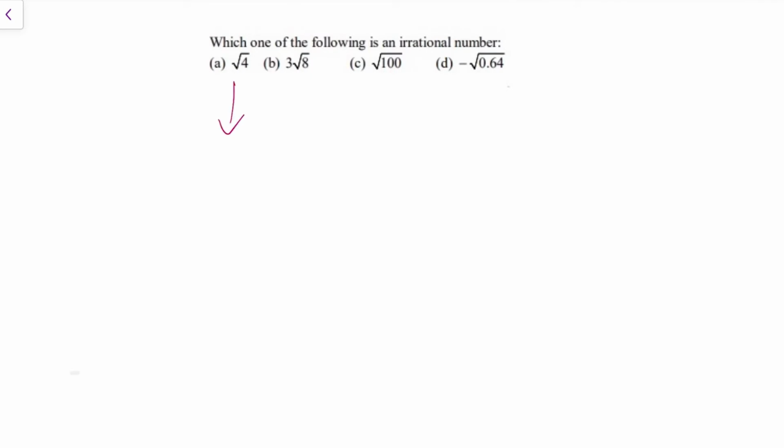Here root 4 is nothing but 2, because 2 square is 4, and 2 is a rational number. Next, root 100 is 10, because 10 square is 100. So 10 is a rational number. Now in option D, not like the previous case, here the minus symbol is outside of the root symbol, so no problem with the minus symbol.